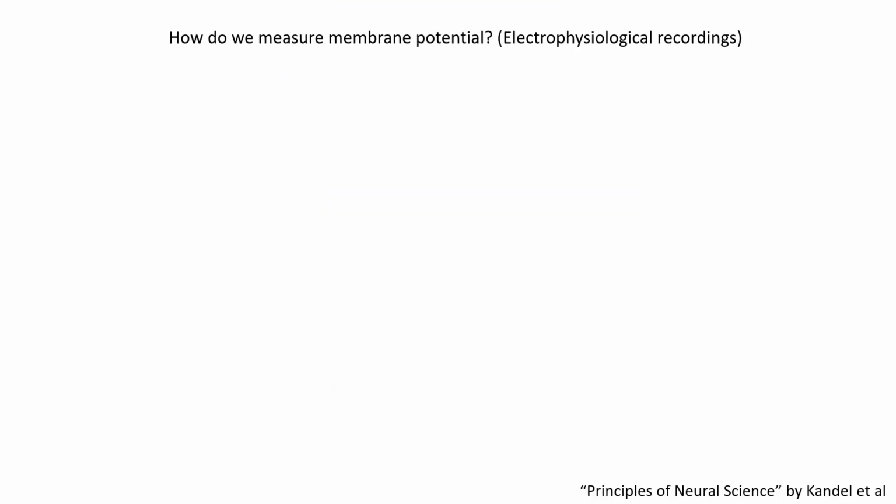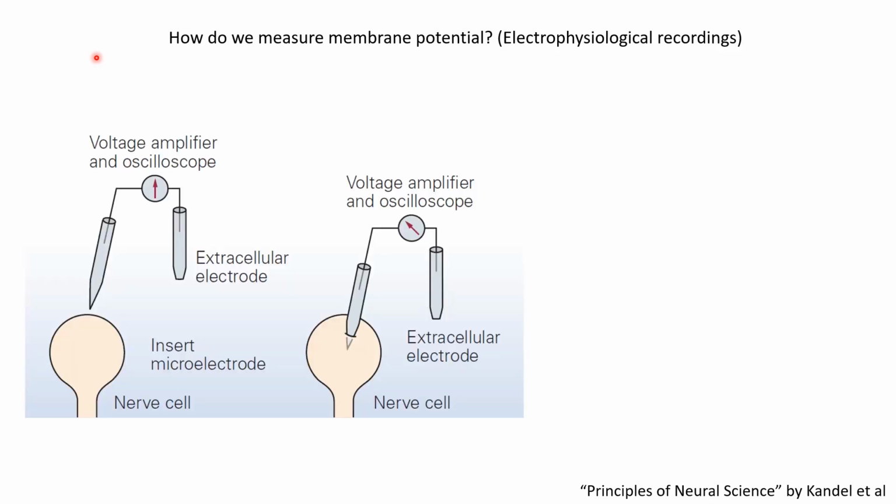Let's start by thinking about how we actually measure the membrane potential. We typically do this by the approach of electrophysiology, in which we put electrodes inside the neurons. So a typical setting is something like this in the very simplest form.